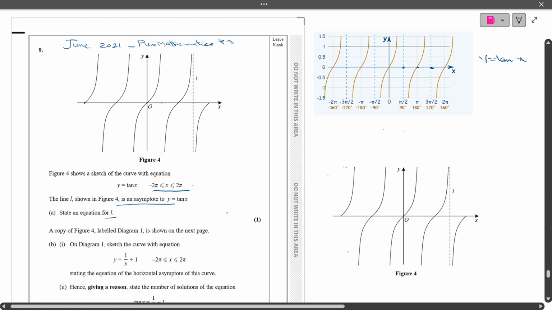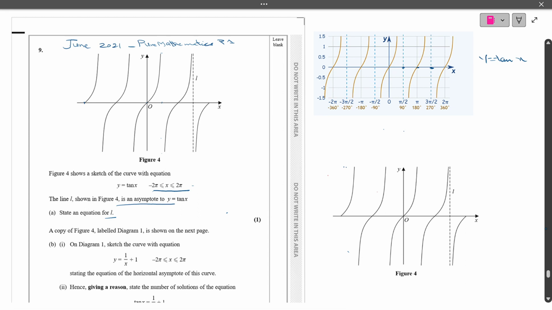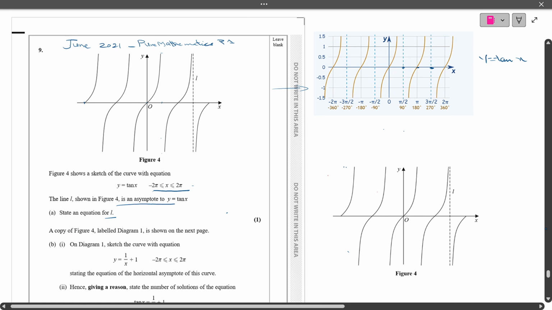Okay. So I pasted here the tan x graph with all the angles labeled. You can see that the tangent graph is 0 here, the first asymptote is at pi by 2 and the second asymptote is at 3 pi by 2.